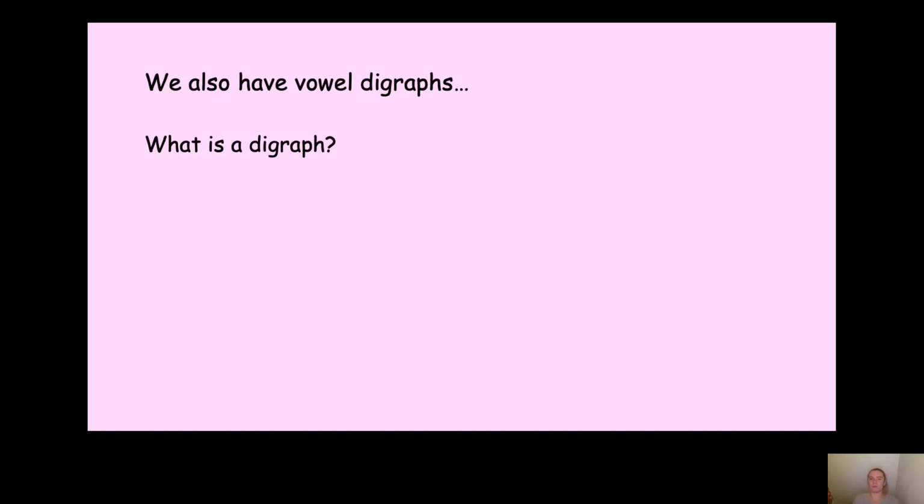Now, what do you think a vowel digraph is? Yes, a vowel digraph is when there's two vowel letters which are put together to make one sound. So each letter in the digraph has to be a vowel. Remember, A, E, I, O, and U. So here we've got some of the digraphs that we've learnt.